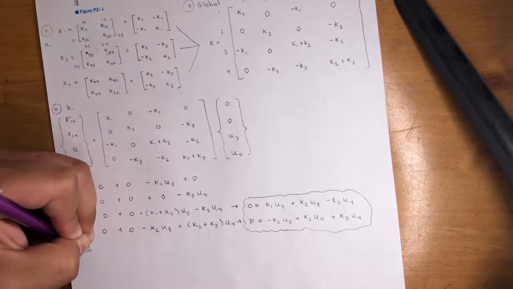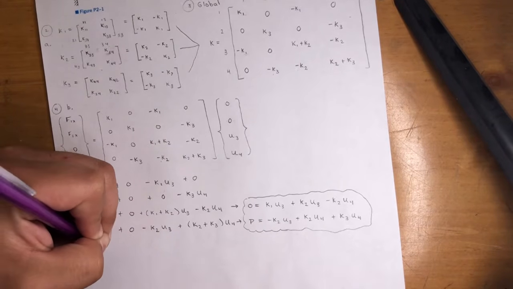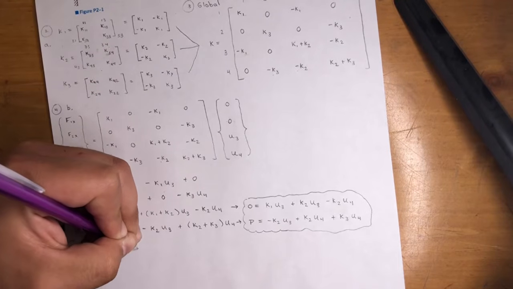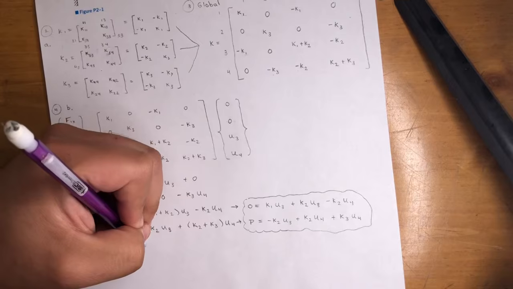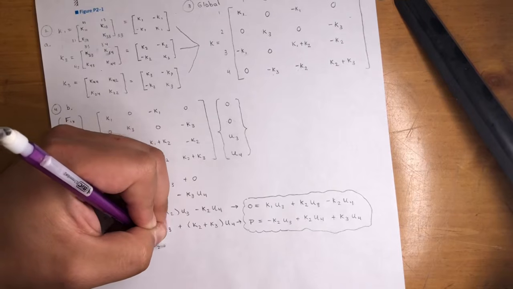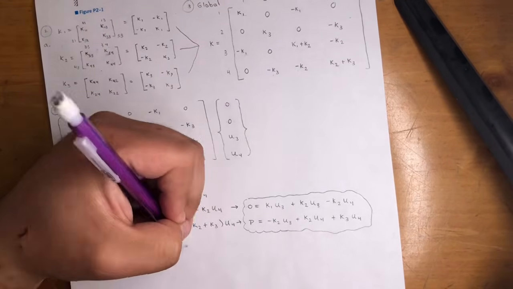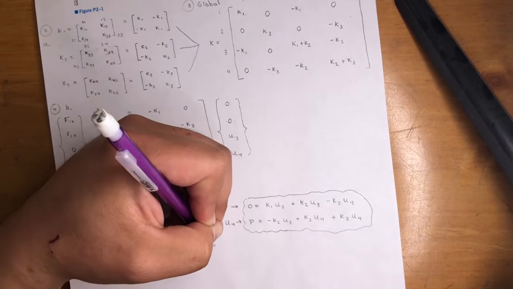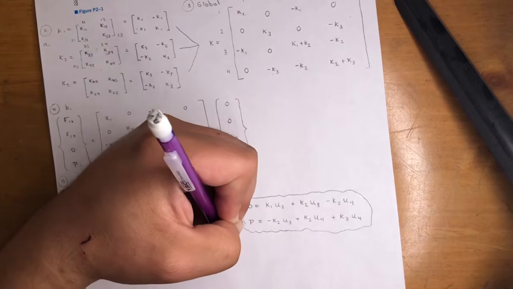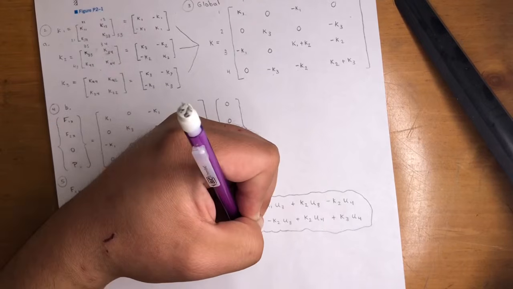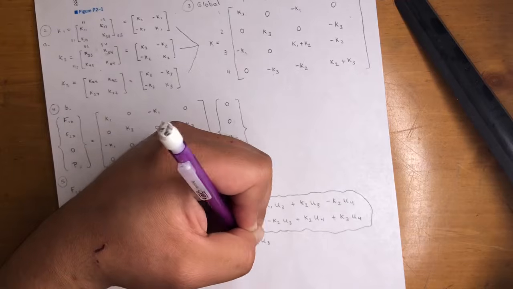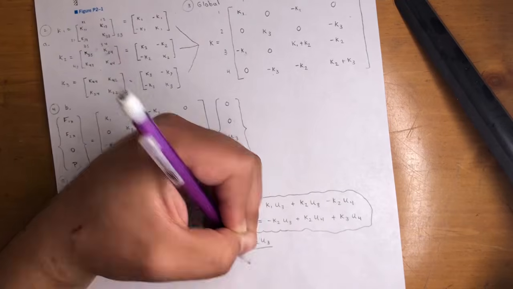So it's K2 U4 is equal to K1 U3 plus K2 U3. That means U4 is equal to K1 U3 plus K2 U3 all over K2.